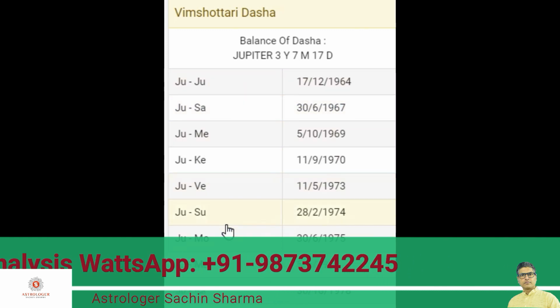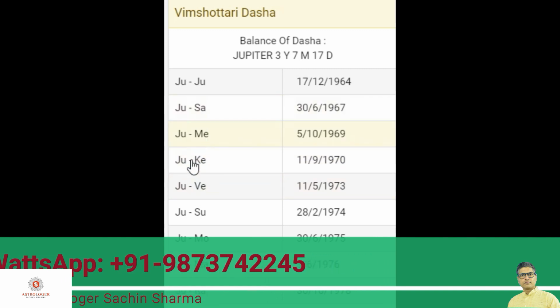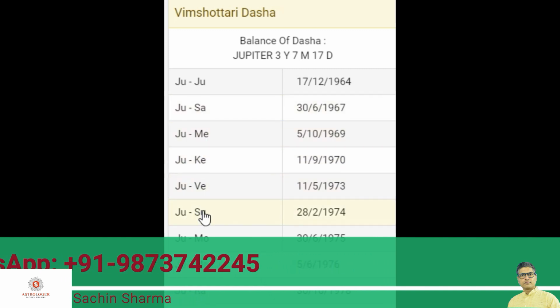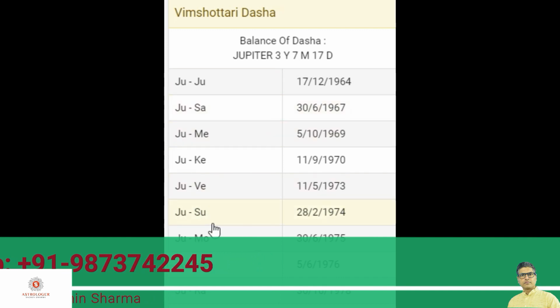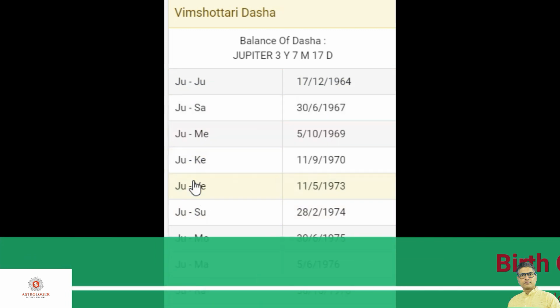So these are the Antardasha periods which a person has to face during the Mahadasha period of any planet. The Mahadasha period is a large period, a bigger period in comparison to the Antardasha period, and the Antardasha period will be for 1.5 years, 2.5 years, or 1 year. That depends upon the planet, like Ketu, Mercury, Venus, Sun, whatever planet is there.